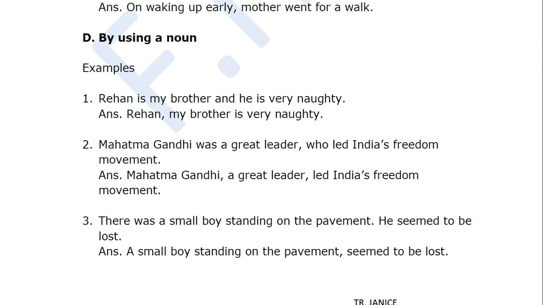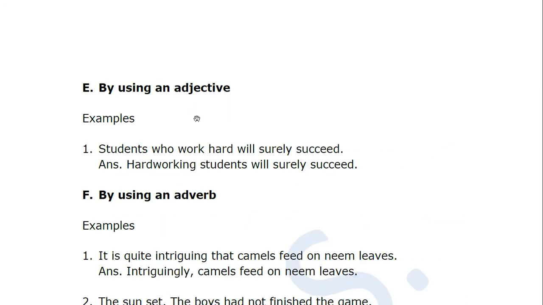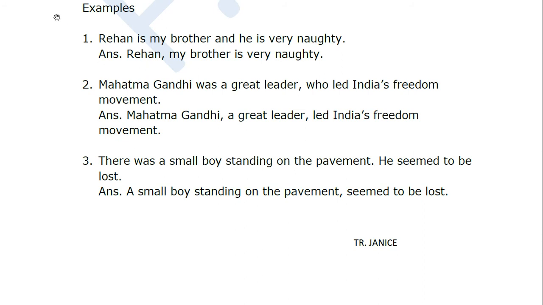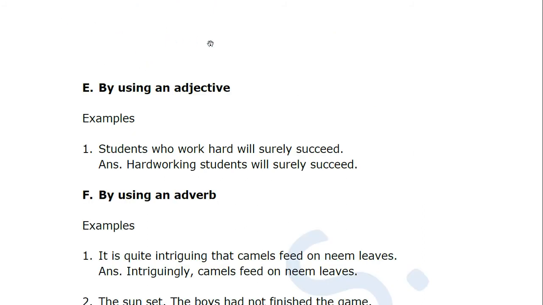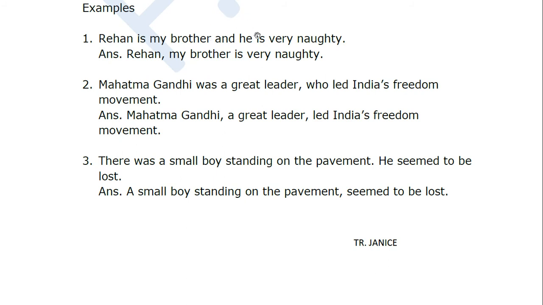Now, your fourth method, by using a noun. This is quite easy. Rehan is my brother and he is very naughty. Now, if you see both the parts, you're talking of the same person, the same noun, that is Rehan. Now, what are your two verbs? Is and is. Is there twice. Here once is and second is over here. So one of these you have to either change or remove.